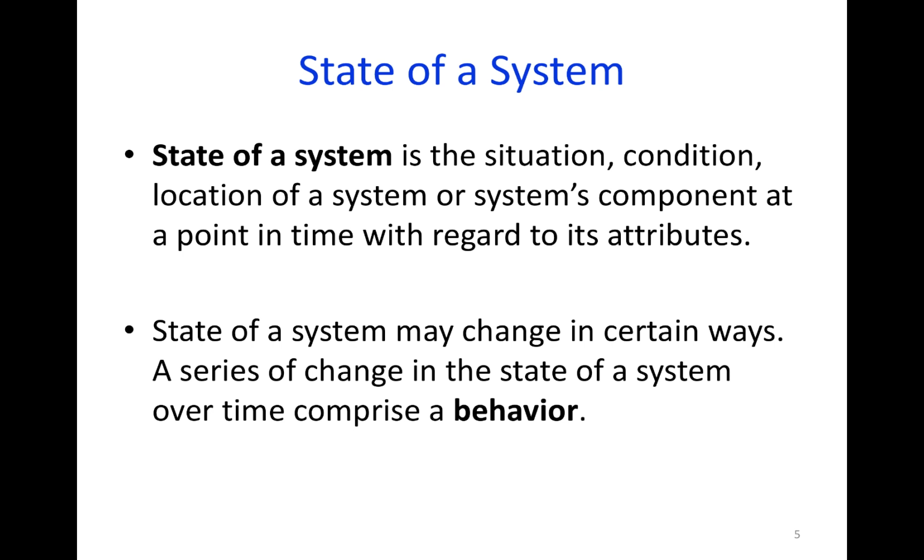If these factors are increasing over time, that means the company is doing good, the state of this company is good. But if these factors are decreasing over time, that means something is wrong in this system. So we have to stop the system and figure out what is going on, why our profit or revenue is going down, why our number of customers is going down.